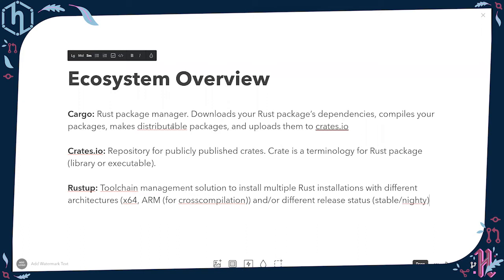You can download your dependencies for your binary application or library, whatever, and it compiles your packages and makes distribution packages which you can upload to crates.io. Crates.io, on the other hand, is a repository for publicly published crates. Crate is the terminology for a Rust package. So like I'd say an npm package, on the other hand you call it a Rust crate.